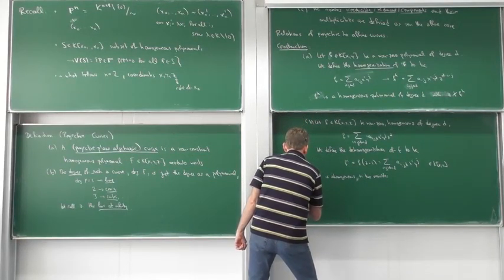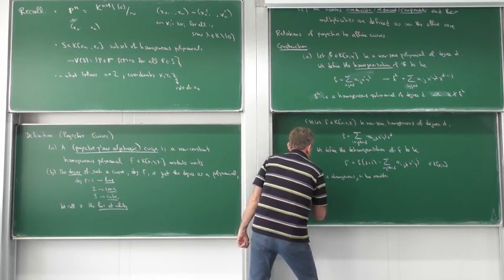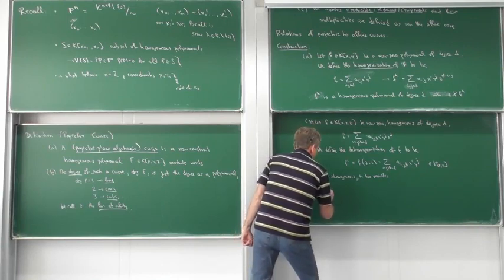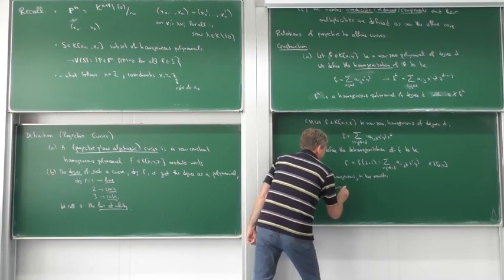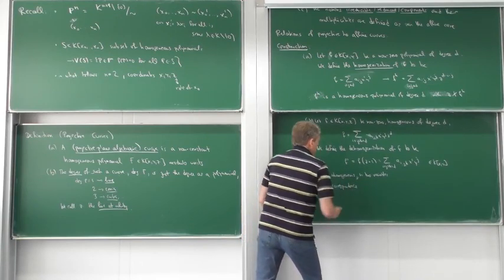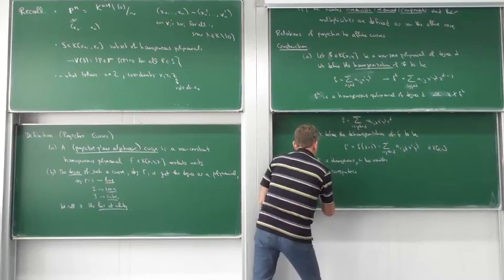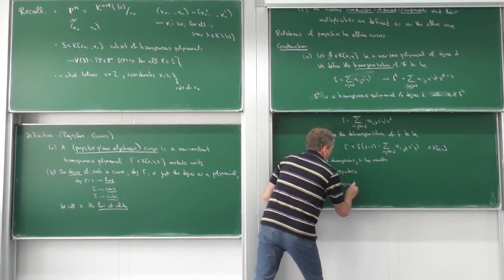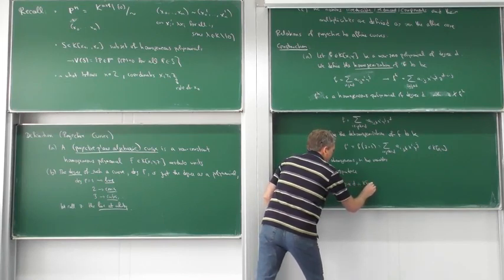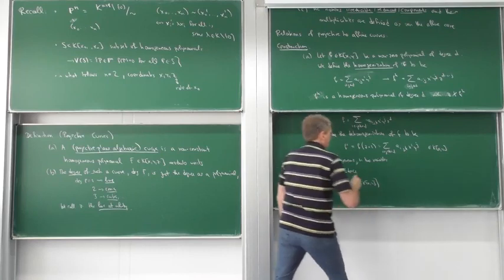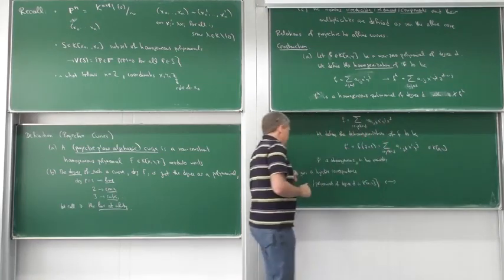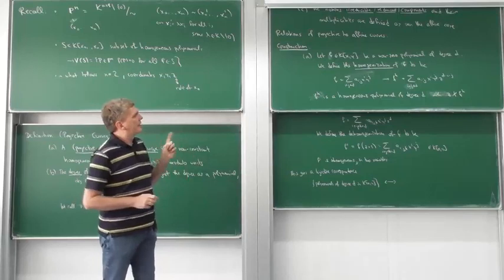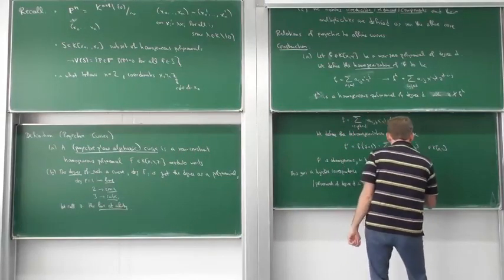So this gives a bijective correspondence between, on the one hand side, polynomials of degree d in k[x,y] in two variables, and on the other hand, homogeneous polynomials of degree d in three variables that don't contain z as a factor.